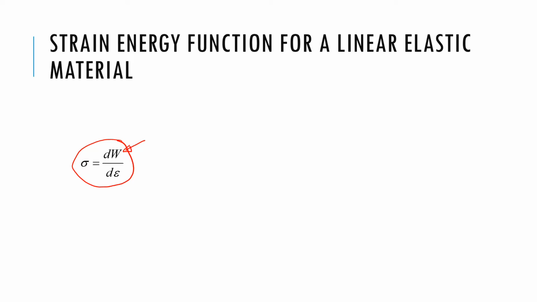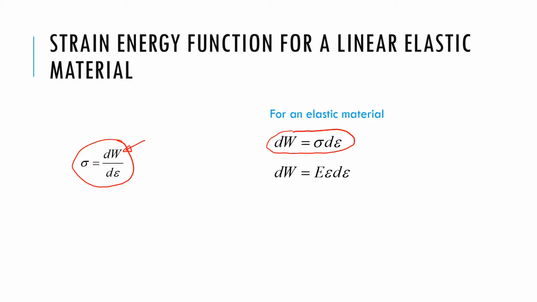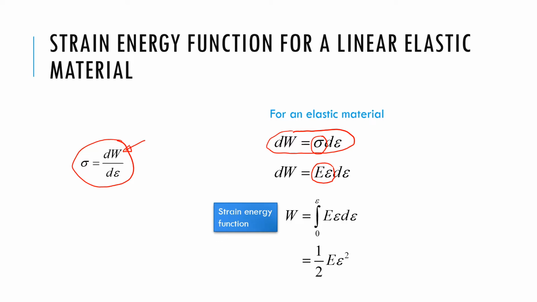So W can have very many complex expressions, but for the most simple material, a linear elastic material, we can try to see what is the form of this W. So for an elastic material, dW is sigma d epsilon here, and stress is related to the strain by the modulus, and so this is my Hooke's law, and then the strain energy function would be this quantity integrated between strain 0 to epsilon, which is equal to half times E epsilon squared.